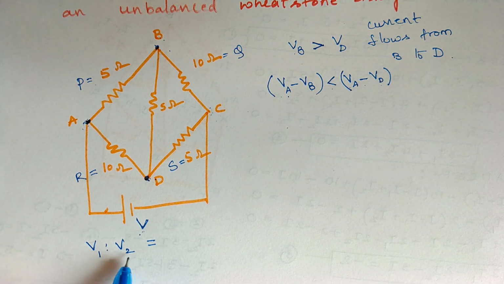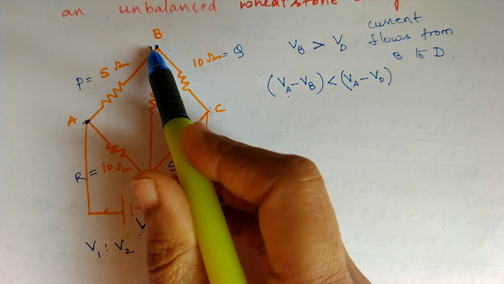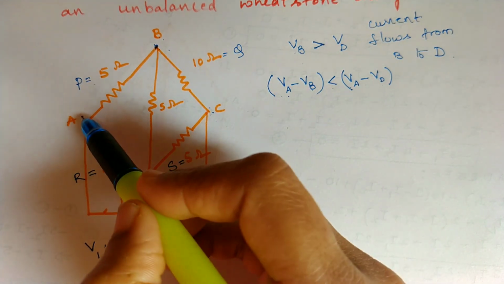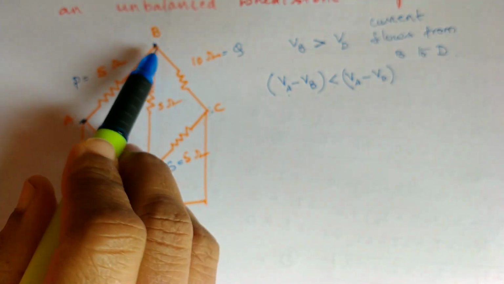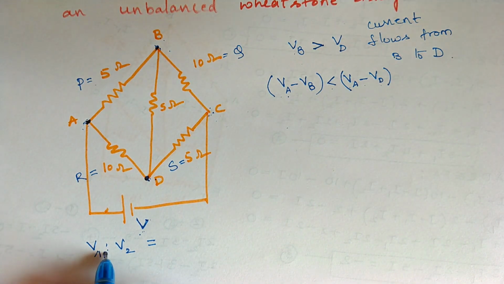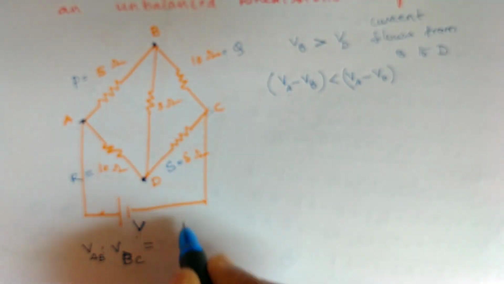I am going to make use of this condition. For the branch ABC, applied voltage is V. So voltage across AB to voltage across BC should be in the ratio P to Q.